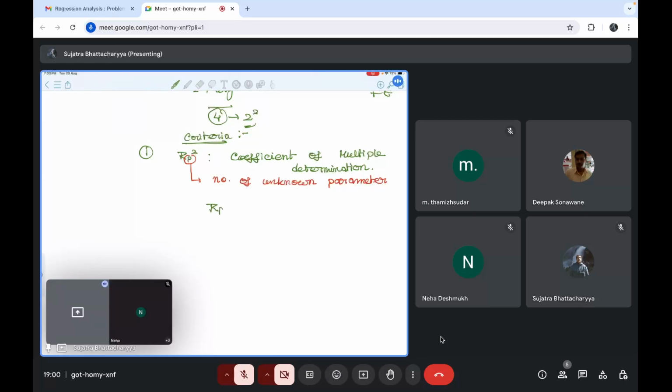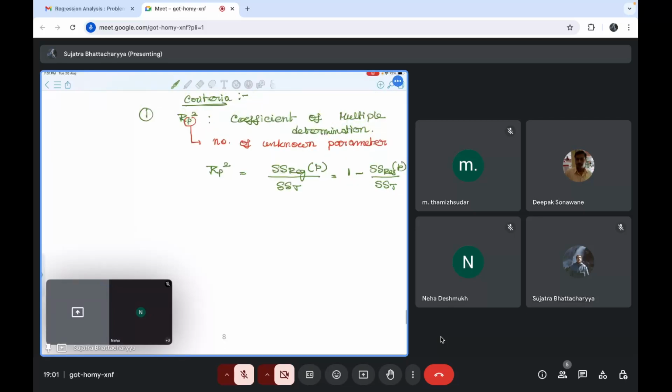This RP square is defined as SS regression of P unknown parameters divided by SS total, or it can be 1 minus SS residual of P divided by SS total. Simple definition which we have used in the simple linear regression also. Same is being used in multiple linear regression. Okay. This is number one.